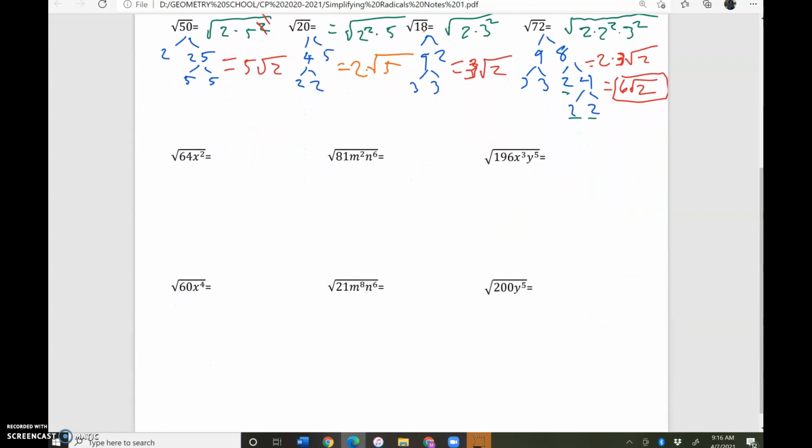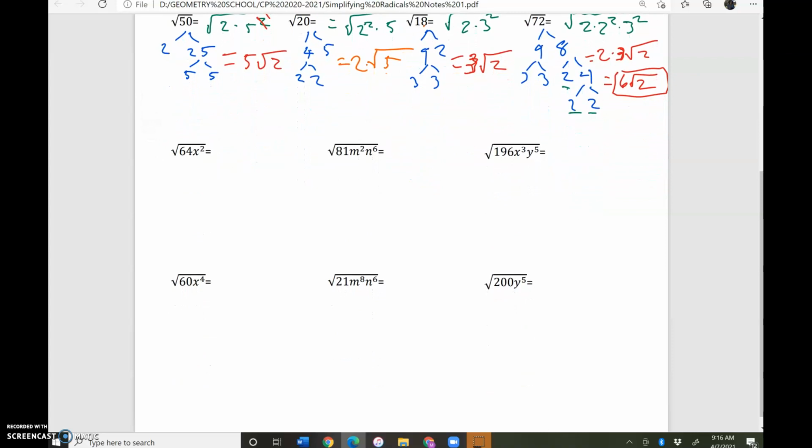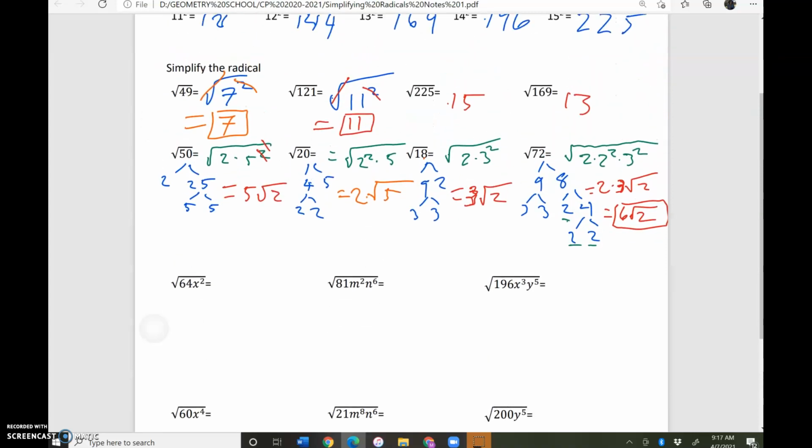Ladies and gentlemen, we can do the exact same thing if we have variables as well. So if they're perfect squares, I can just go ahead and go straight to the answer. 64 I know is a perfect square. X squared is a perfect square. So the square root of 64 is 8.